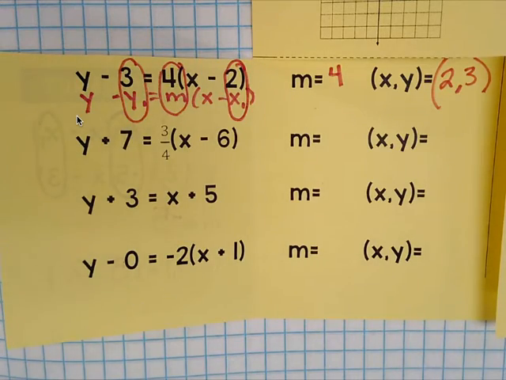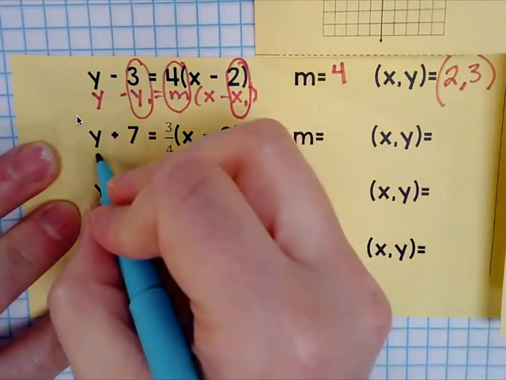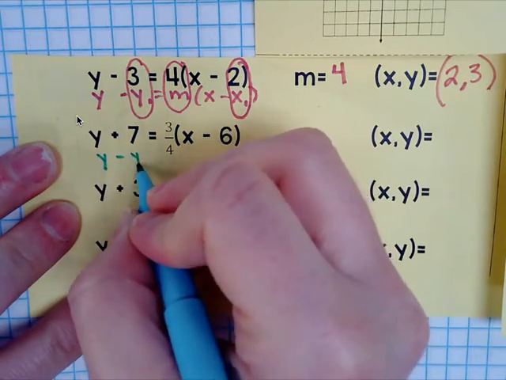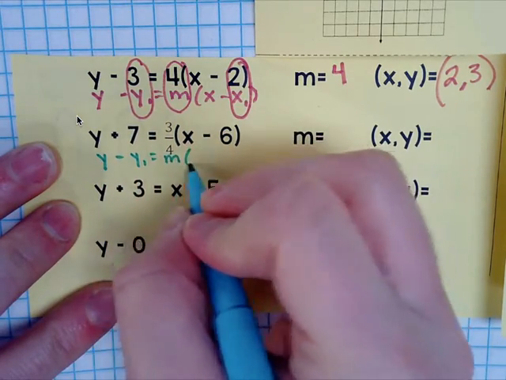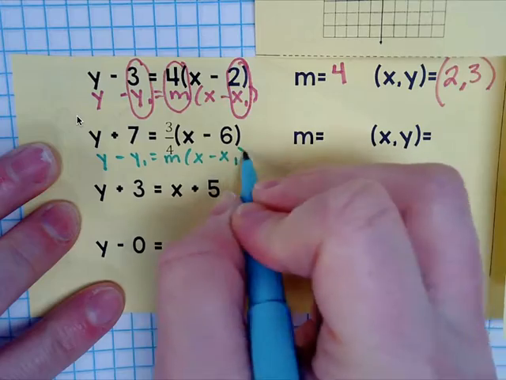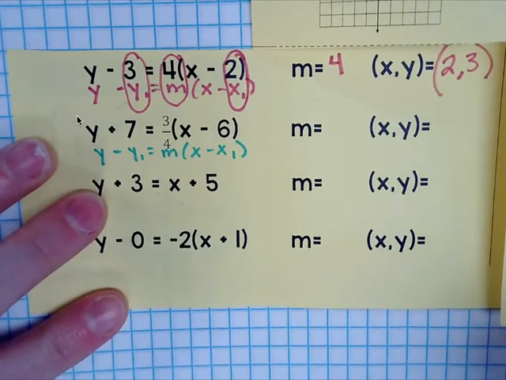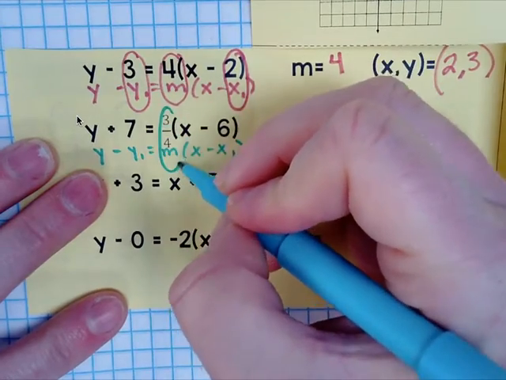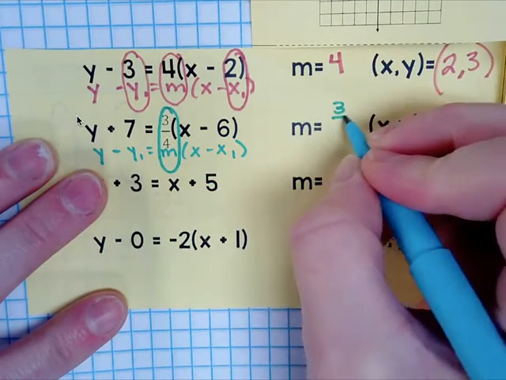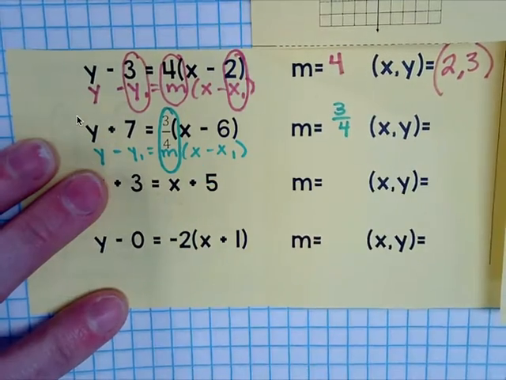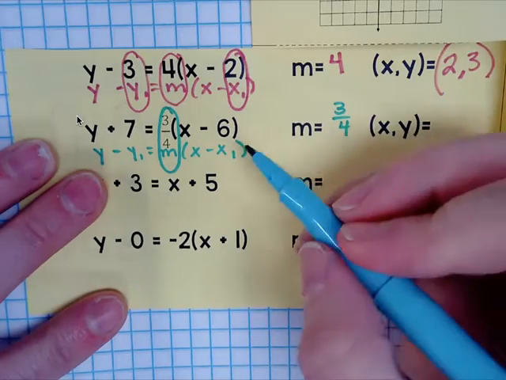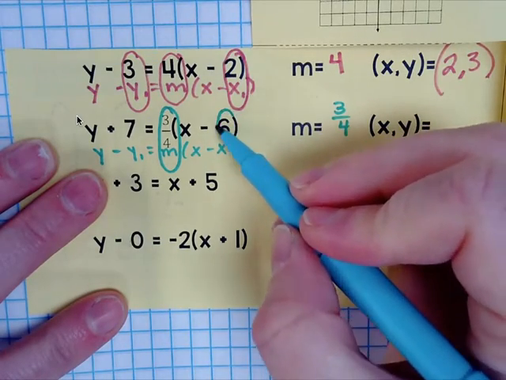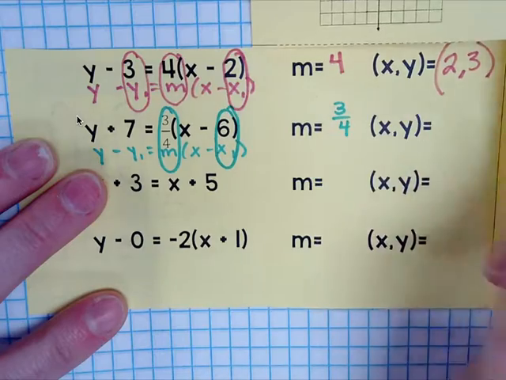Let's look at the next one. I'm going to rewrite the formula underneath. y minus y1 equals m times x minus x1. So our m is 3 over 4. Our x1 is 6.